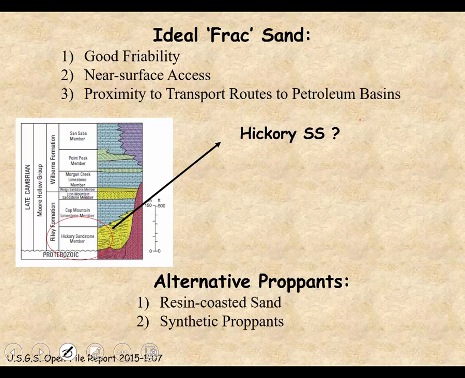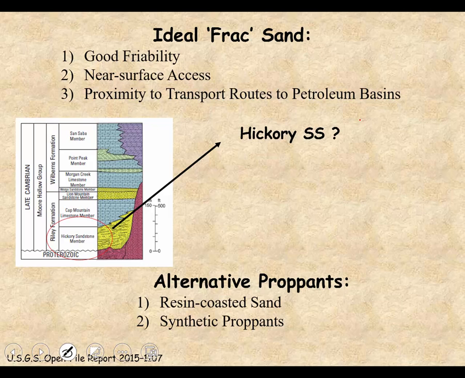Now the Hickory sandstone, it's interesting that it's usable. It's sometimes called ground sand because it isn't this pure white sand like St. Peter's. But it has some feldspar, but because of its diagenetic history, that feldspar has been removed. So diagenesis has concentrated the quartz.